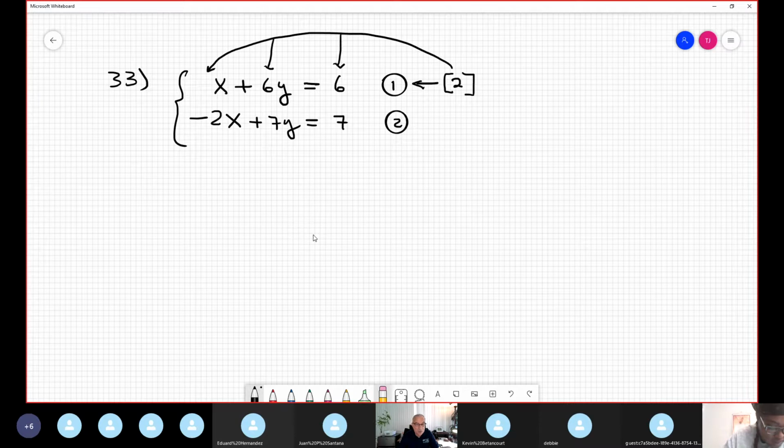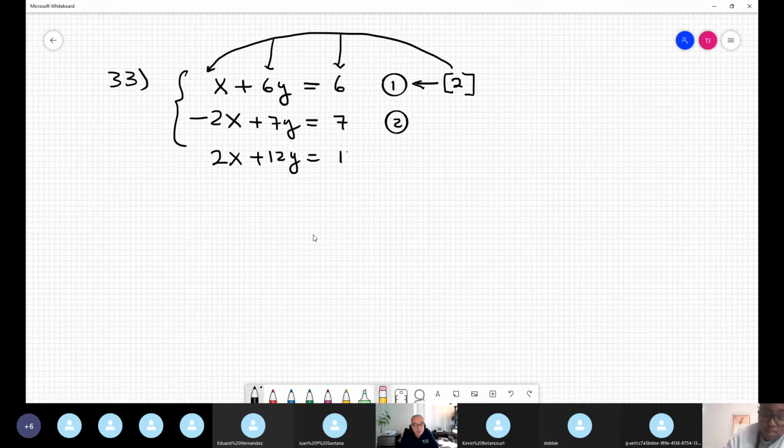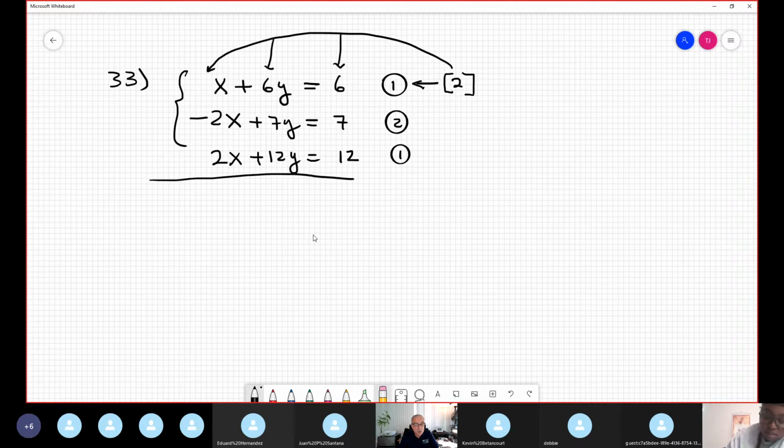We transform a little bit the equation number 1 like 2x plus 12y equal 12. And this is my new equation, ready to apply elimination. This cancel out. This is 19, no? And this is by coincidence 19. Therefore, y is 1.